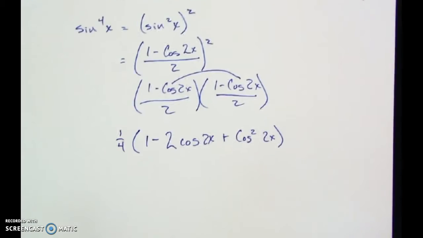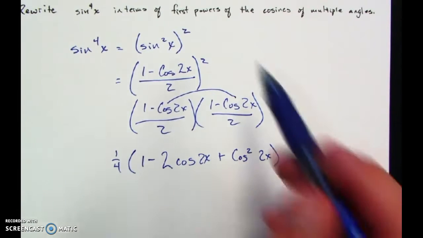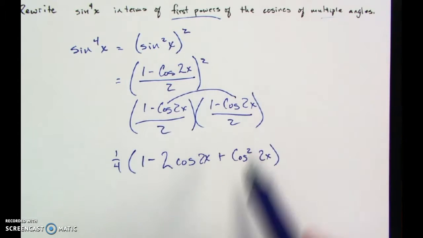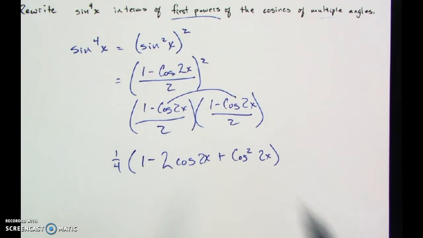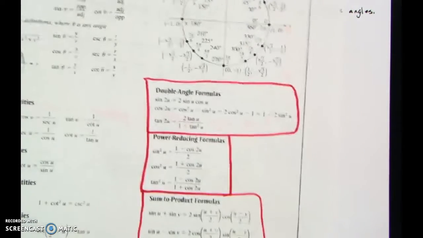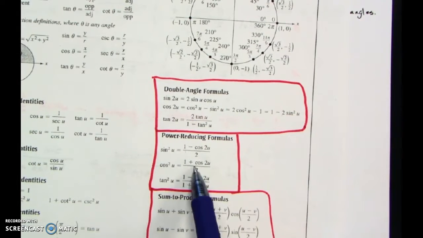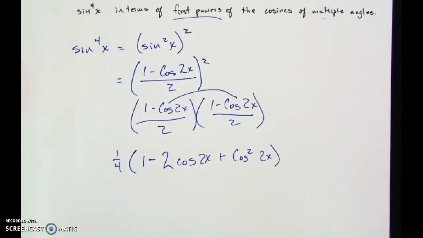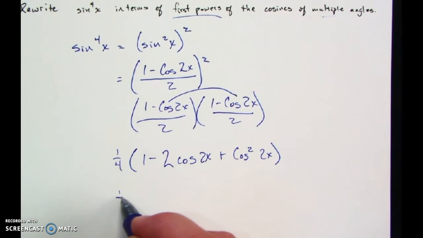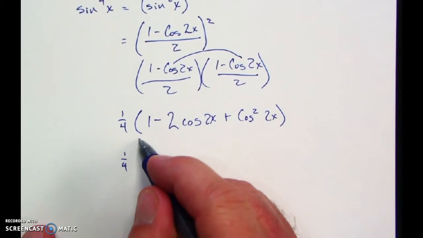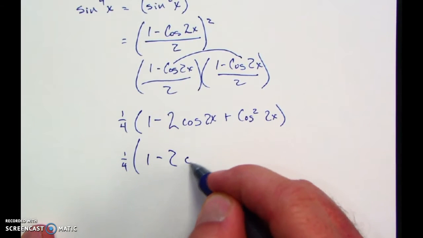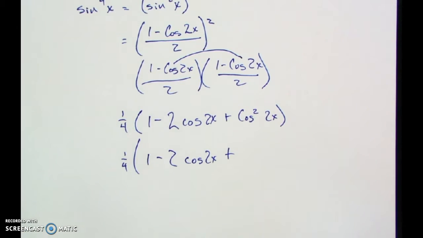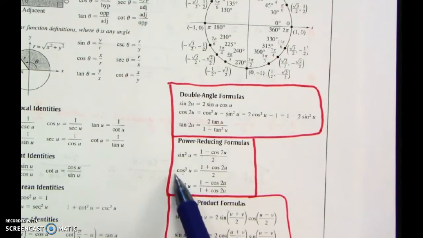So now still here, if we're going to have this written as first powers of our cosine, now we do have our cosine of multiple angles, we have that piece, but we still have our cosine squared. So back to our power reducing formulas, cosine squared, we could rewrite that as 1 plus our cosine. So still 1/4 of 1 minus 2 cosine of 2x plus, and now we're going to rewrite this cosine squared.